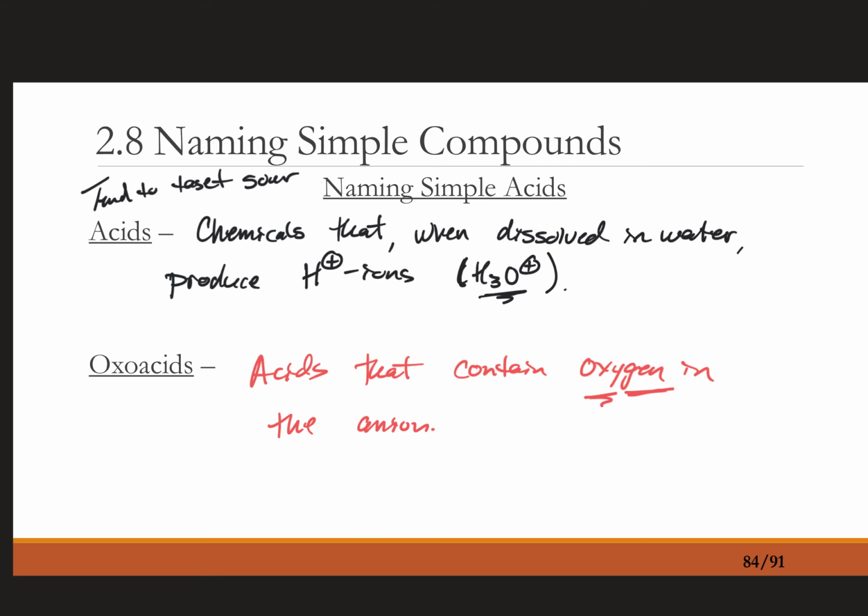Examples of oxo acids would be sulfuric acid, nitric acid. Those are the two most common. Maybe phosphoric acid would be next, H3PO4. Those are oxo acids. And we saw a bunch earlier. We had ClO4 minus, but if you have the H there, it'd be HClO4. HClO3, HClO2, HClO, those are all oxo acids. You have HNO3, HNO2, H2SO4, H2SO3, H2CO3, those are all oxo acids.